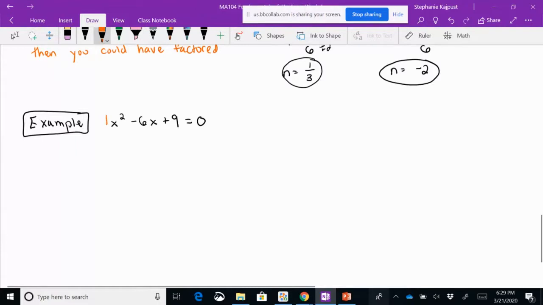I can put a 1 in front of the x squared so that you can see your a, b, and c. So a is going to be 1, b is going to be -6, and then c is equal to 9.